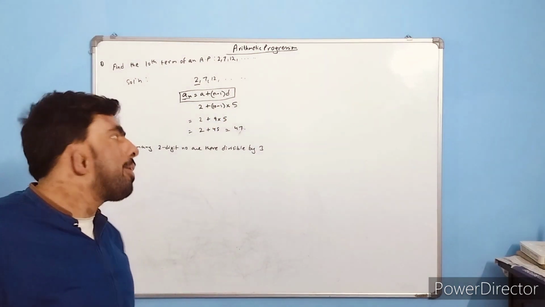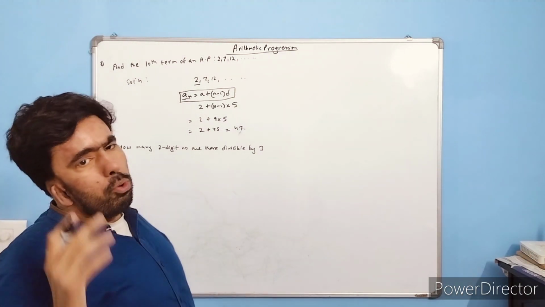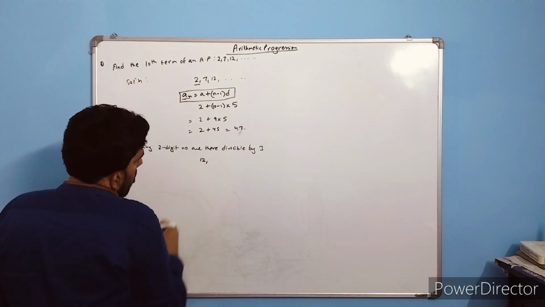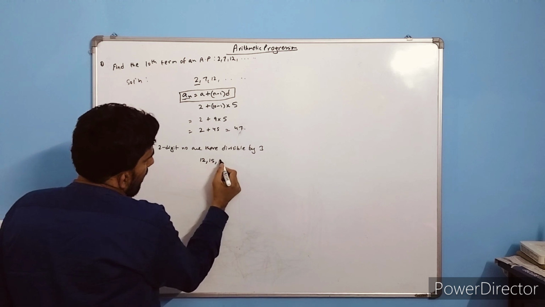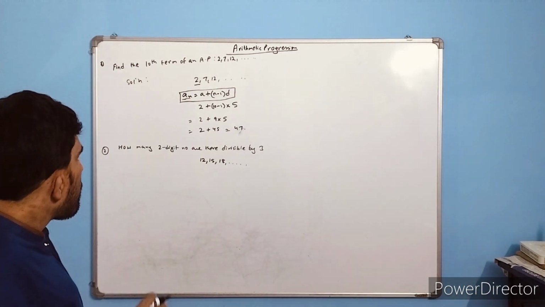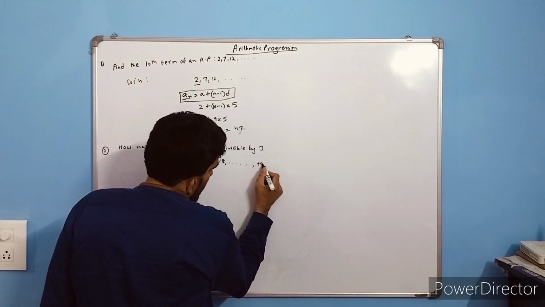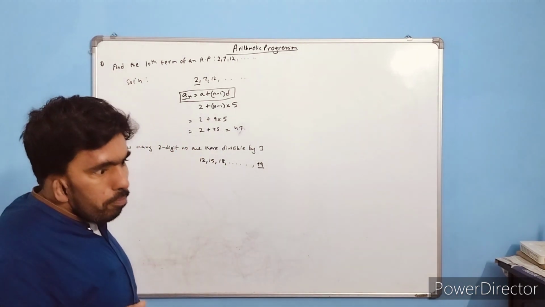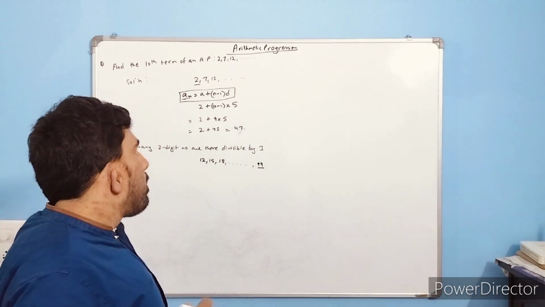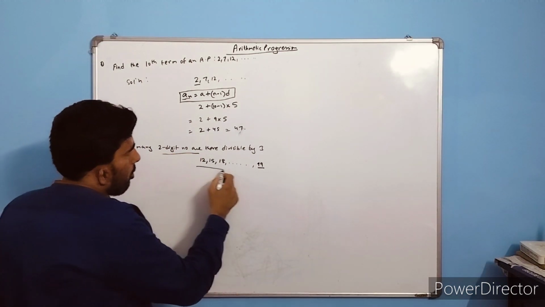The first 2-digit number which is divisible by 3 is 12, then 15, then 18, till the last 2-digit number divisible by 3, which is 99, because we all know that after 99 comes 100, a 3-digit number. We are asking only for 2-digit numbers. So finally we got a sequence here.